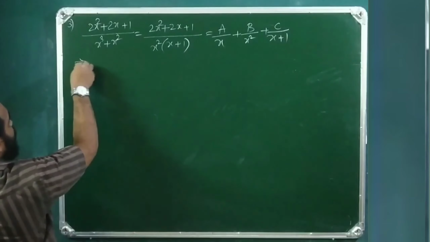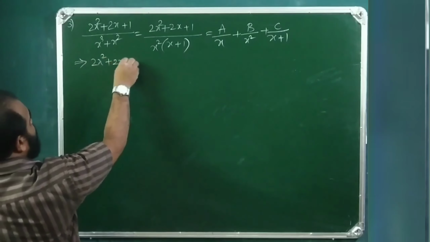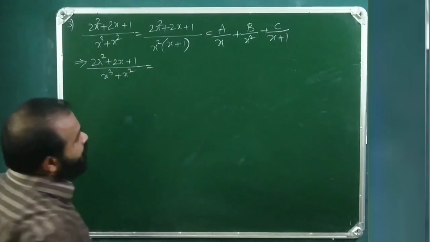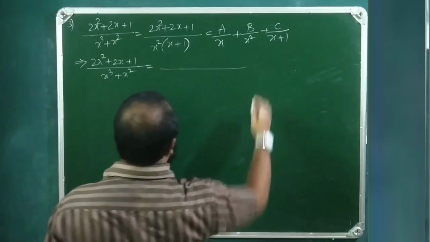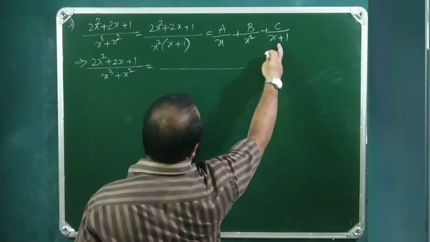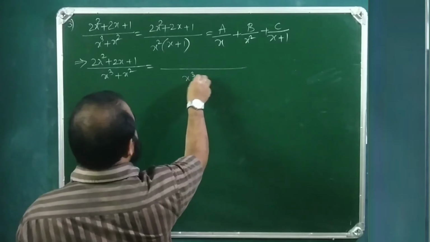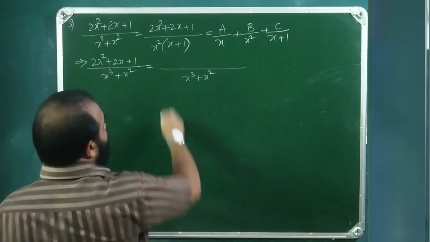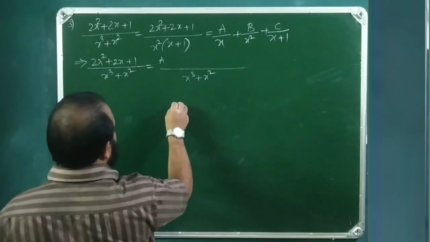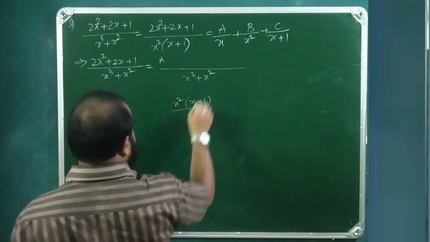This is equals to 2x square plus 2x plus 1 by x cube plus x square is equals to. So the LCM here is x into x square into x plus 1. So this is x cube plus x square only. So this is a into, this is x square into x plus 1 by x.